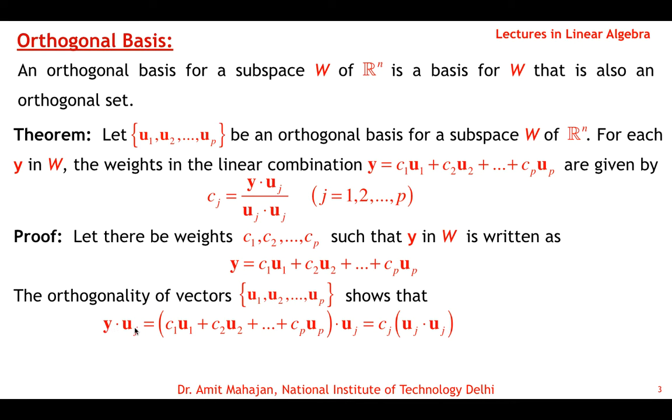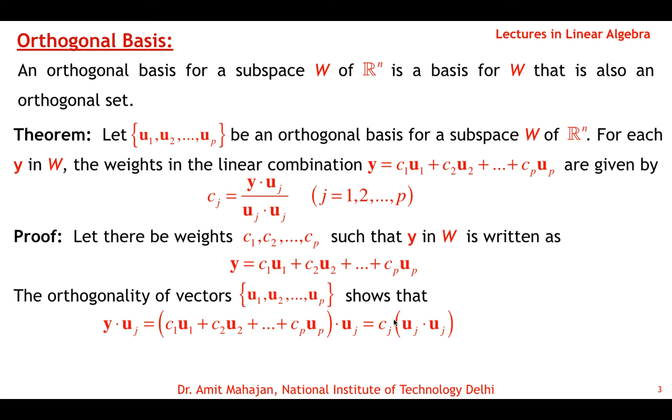And if I calculate y dot uj, it will be this linear combination times uj, and it will give only cj times uj dot uj, because the dot product of the jth vector with the first, second and any other vector except the jth vector will be exactly 0 due to orthogonality.